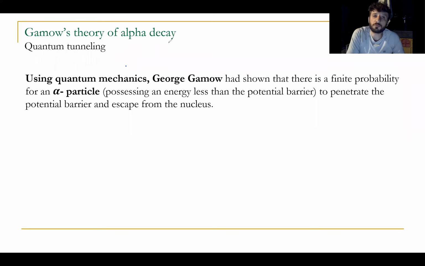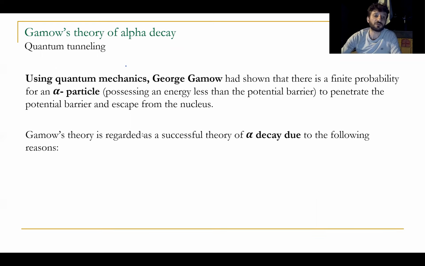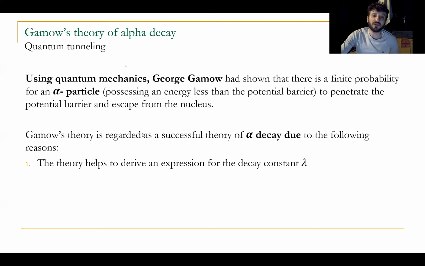Using quantum mechanics, George Gamow said that we have a finite probability for an alpha particle to penetrate the potential barrier and escape from the nucleus. Gamow's theory is regarded as a successful theory of alpha decay, and it's important to study it for the following reasons.